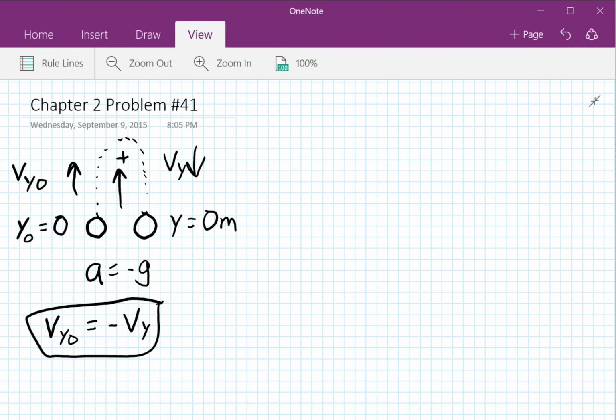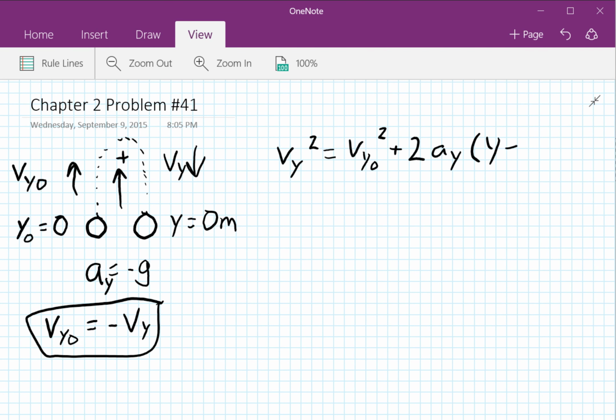So we're going to have v y final squared equals v y initial squared plus 2 a. When I wrote a over here, it should technically be a y, because it's talking about the acceleration in the y direction. So write 2 a y, and then you have y minus y initial.